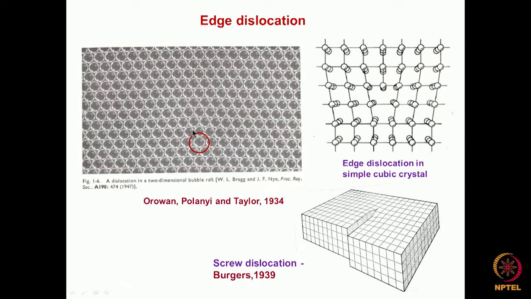Around this region, if you look at it, with respect to the atoms, there is going to be a displacement, correct? This is the type of defect which was proposed as a defect present in the sample. Here what is being shown is an edge dislocation. Suppose we have a perfect lattice into which we make a cut.